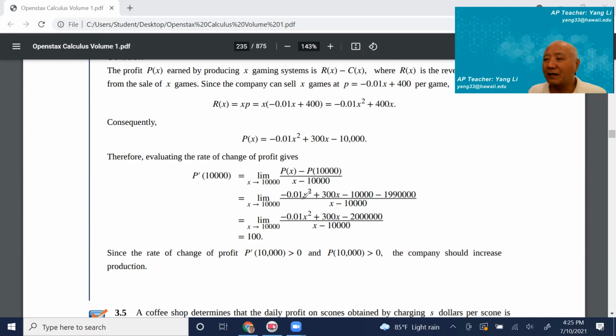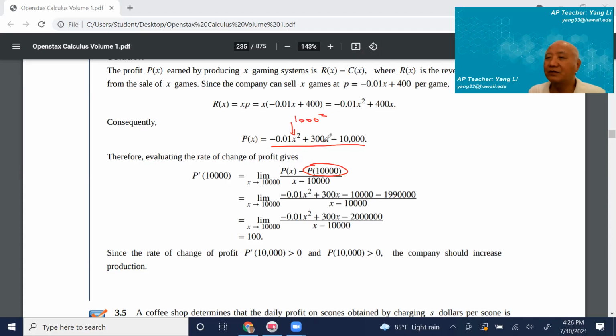When you got this one, you plug in, because this is the profit when X toys are produced. So you're going to have this one here, right? And the minus, how do you get this one? This one is simple. You simply plug in 10,000 here.